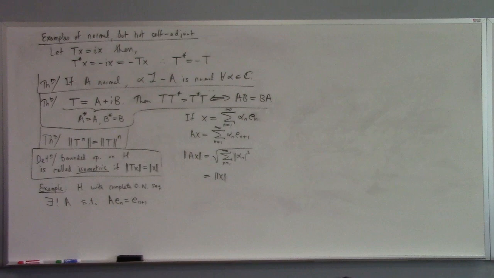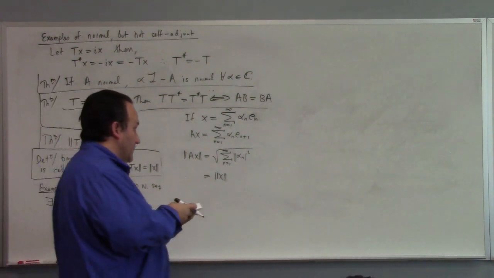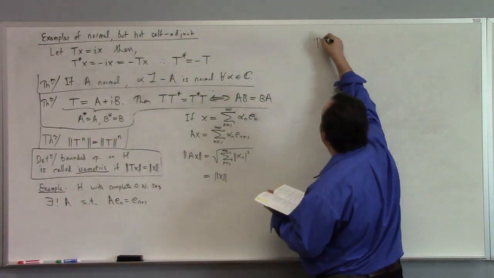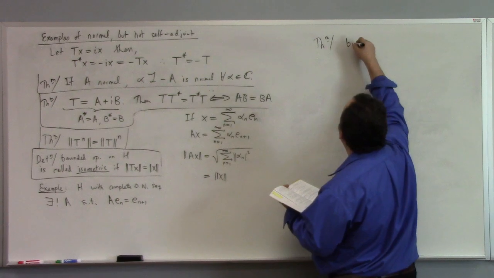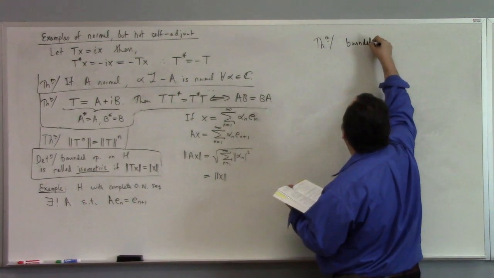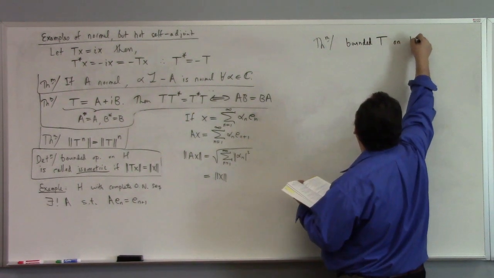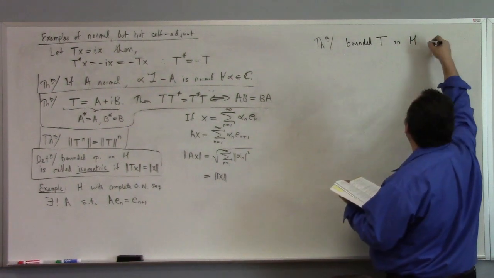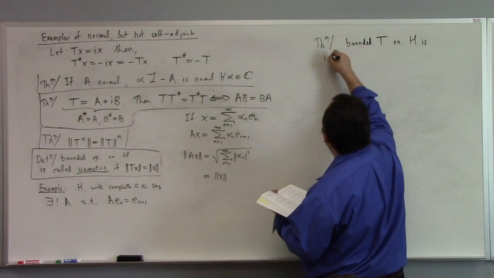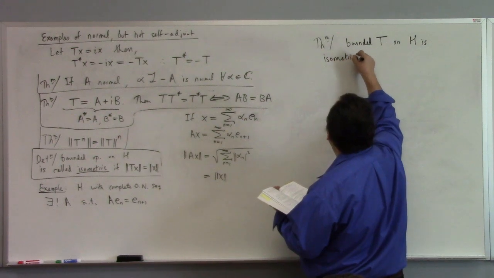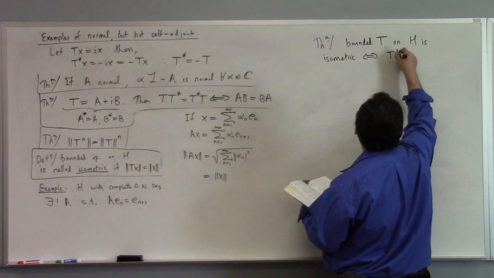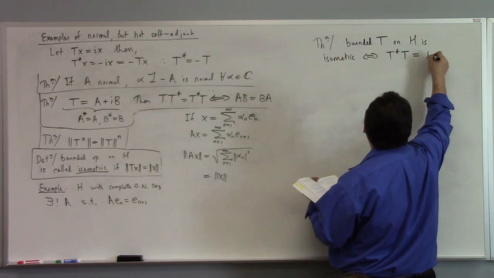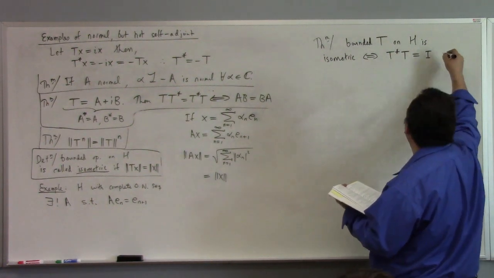The theorem is this: a bounded operator T on a Hilbert space H is isometric if and only if T star T is equal to the identity on H.